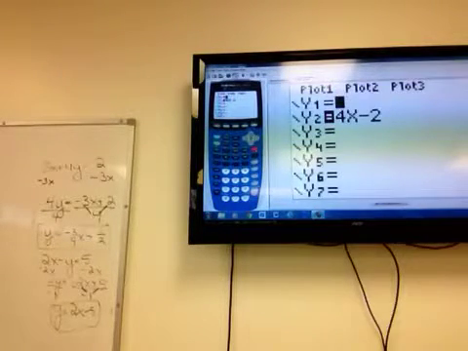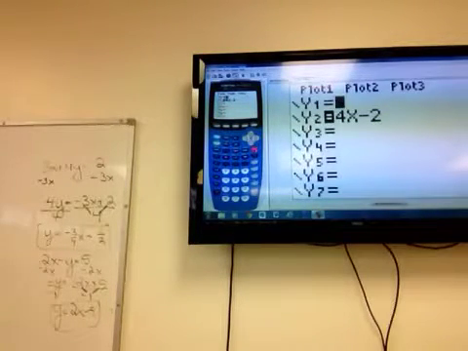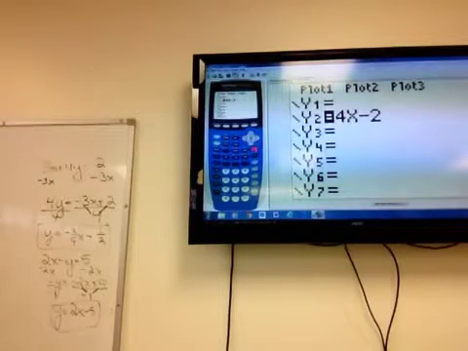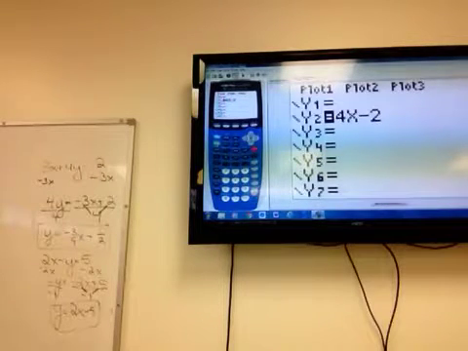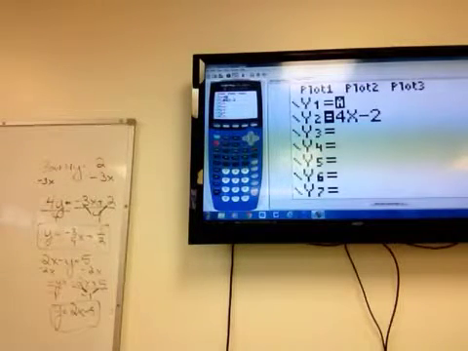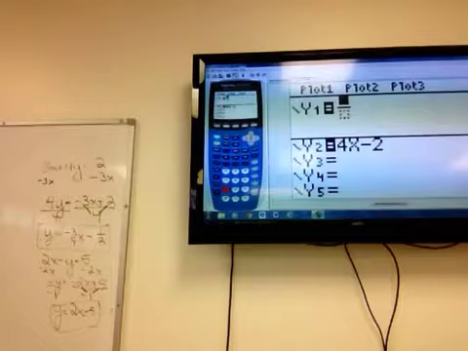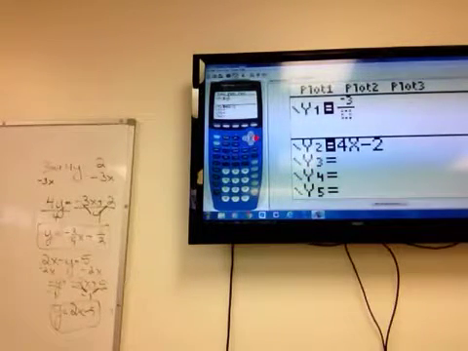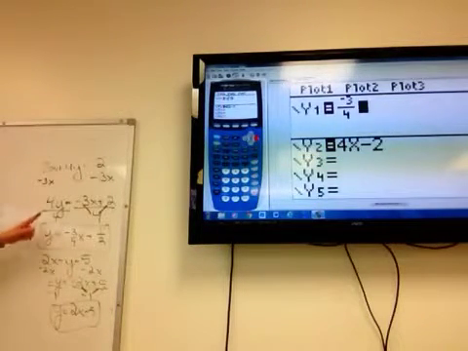I would clear out the equations you have. So this is where we're going to make sure we know how to use our fraction keys. I'm going to be putting in -3/4 x plus 1/2. So alpha y equals, to get to my fraction functions. So -3/4.